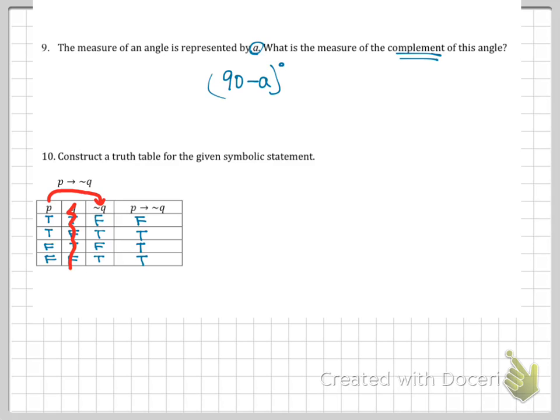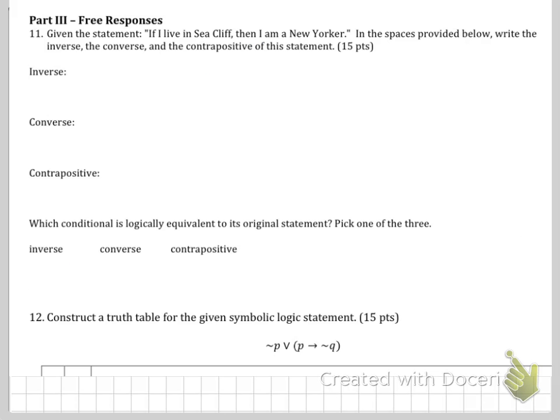Alright, great. Let's move on to the next question, number 11. The given statement is, if I live in Seacliff, then I am a New Yorker. Now, inverse means we need to negate it.